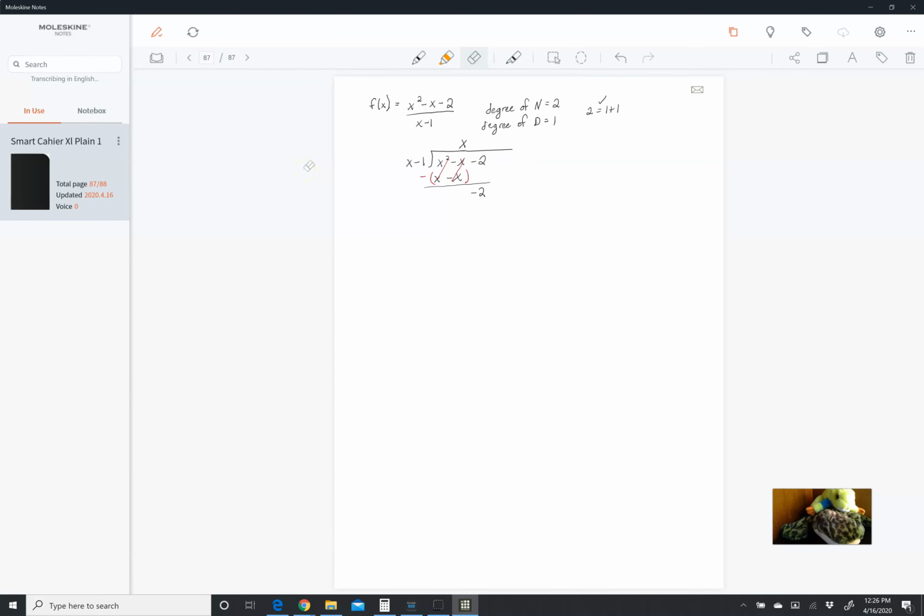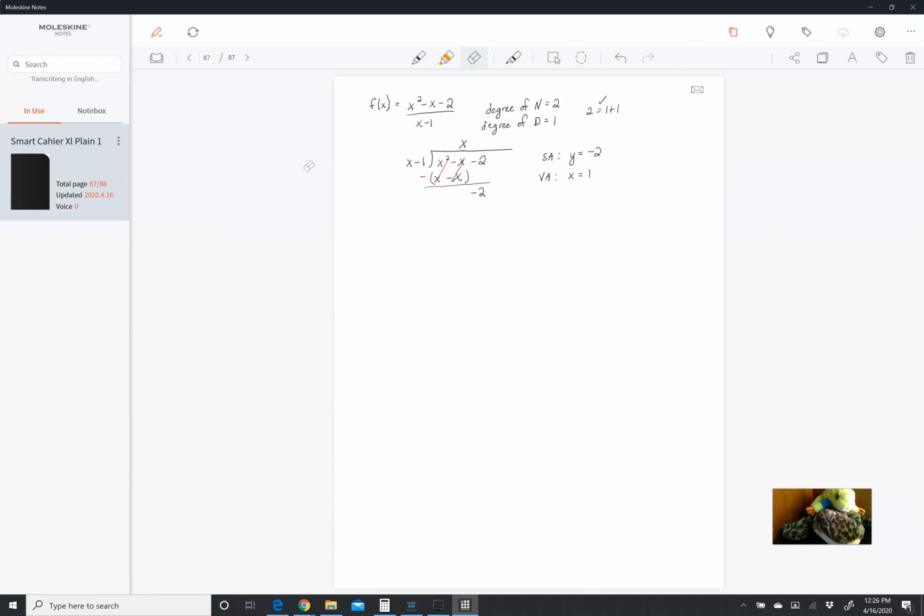We can't divide x into -2. So our slant asymptote is at y equals -2, and our vertical asymptote is at x equals 1. Okay. There is no horizontal asymptote. Notice the slant and the horizontal asymptotes are y equals, whereas the vertical asymptotes are x equals.